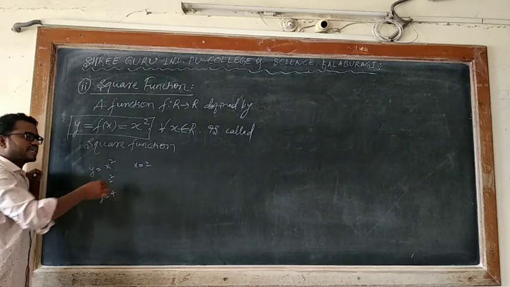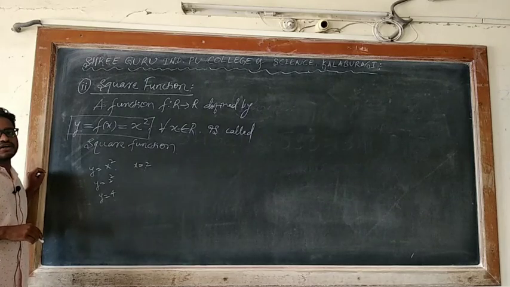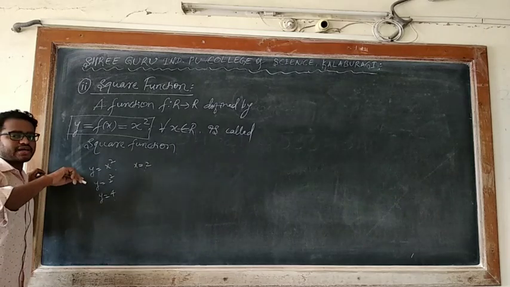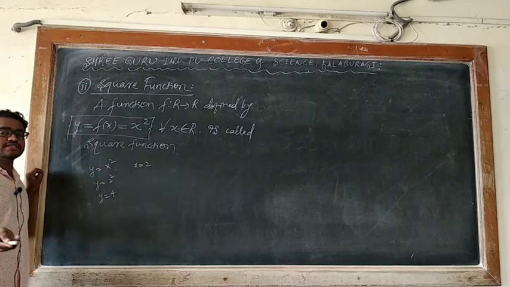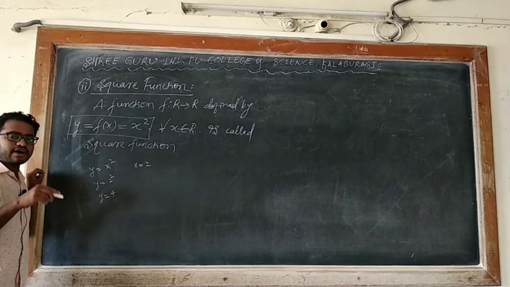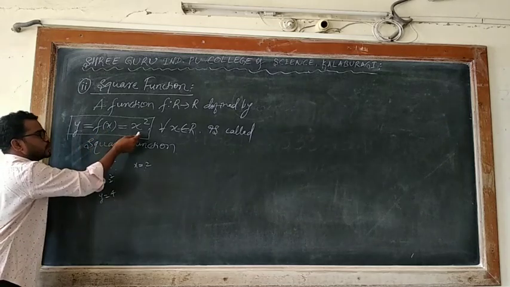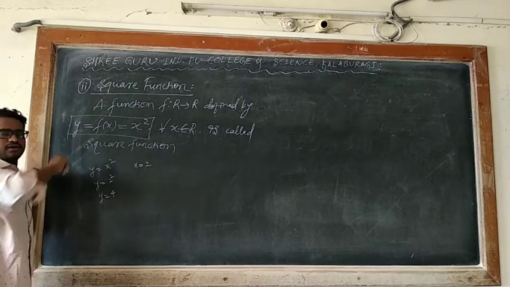Whatever x value you take, you will get the square of that as the y value. So x can be any real number, and y is the square of that real number, because this function converts the x value to the square of the x value.